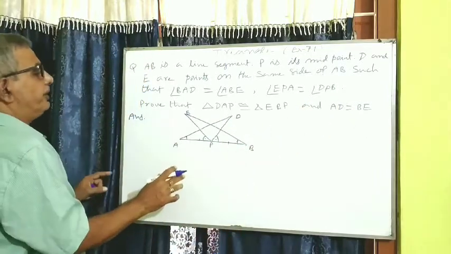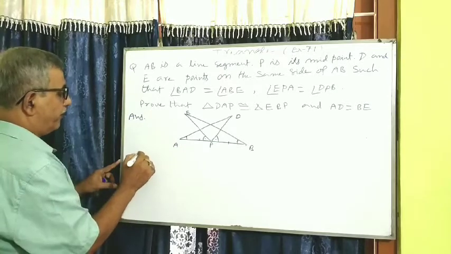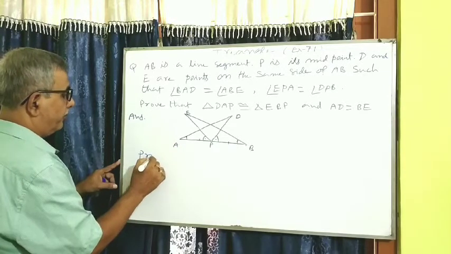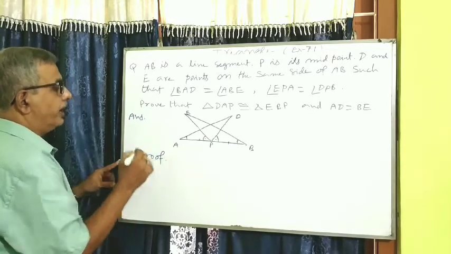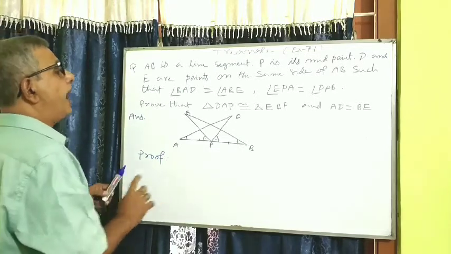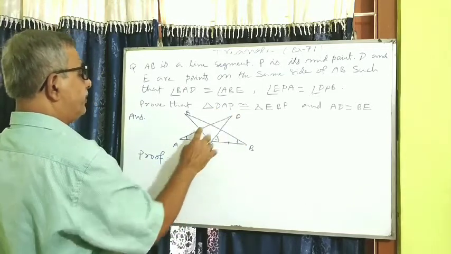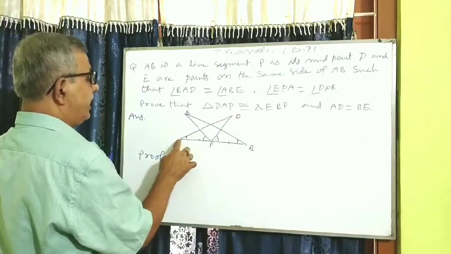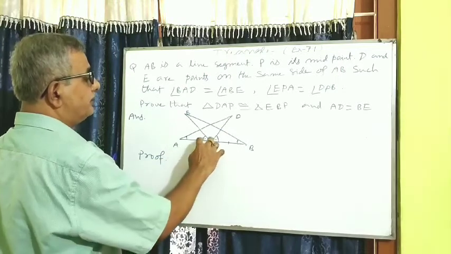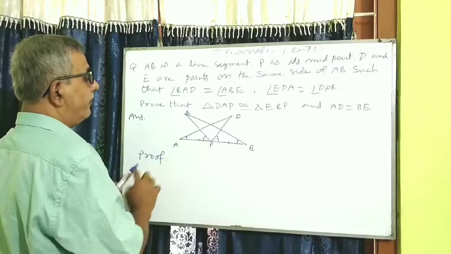Directly after the figure, I am just writing the proof here. Proof. First of all, you have to make the two triangles congruent. DAP, where is DAP? This angle should be here, but it is a small angle.